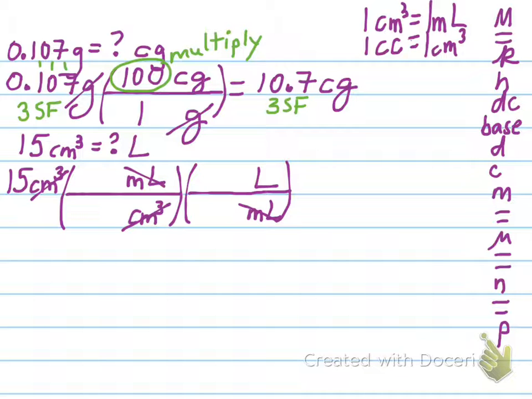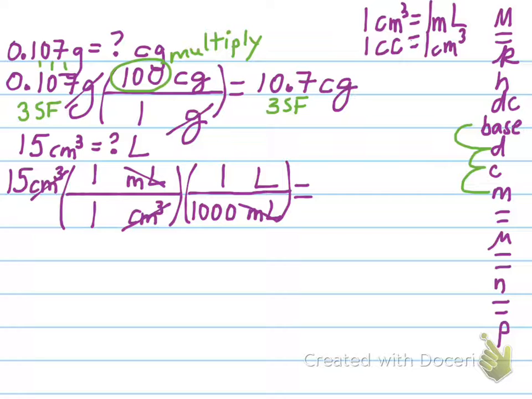So now I'm going to be in liters. Now I'm going to come back and fill in my numbers, and milliliters and centimeters cubed is just 1 to 1. And with liters and milliliters, my liter is larger, and it's my base, so 1, 2, 3, a 1 with 3 zeros behind it, or you could write it as 10 to the third.